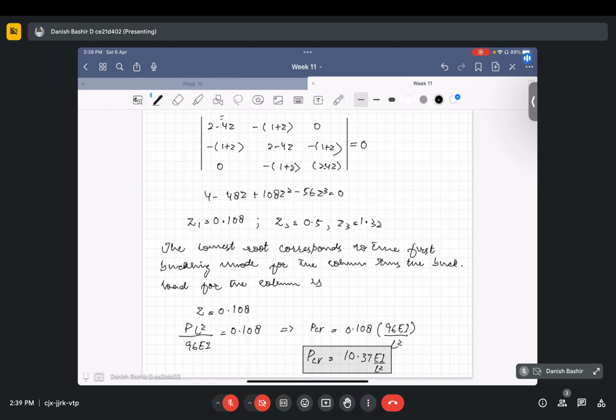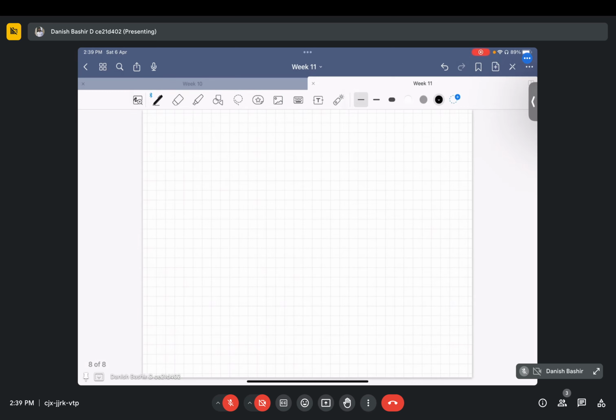Now we will see the theoretical value of this critical or buckling load. We know the theoretical buckling load is given by the formula PCR equal to pi square EI by L square.